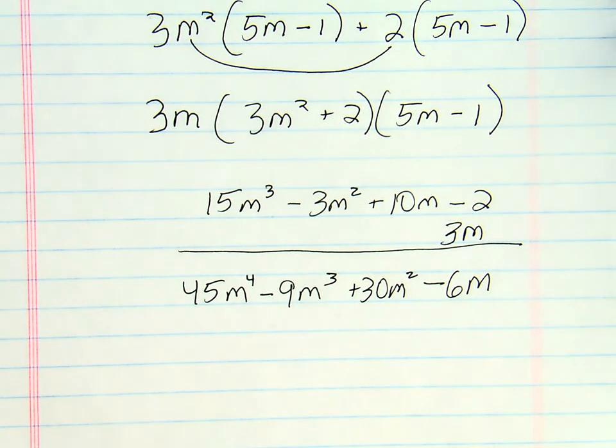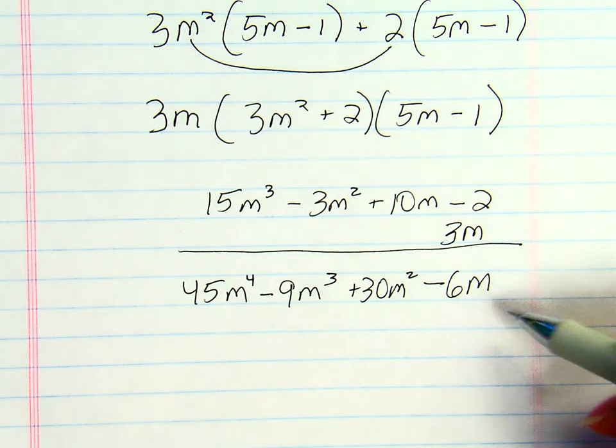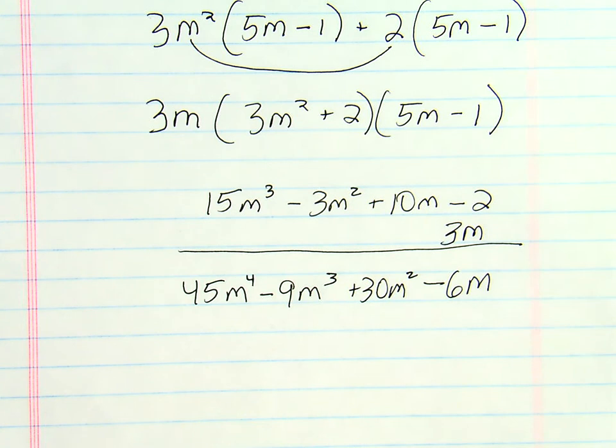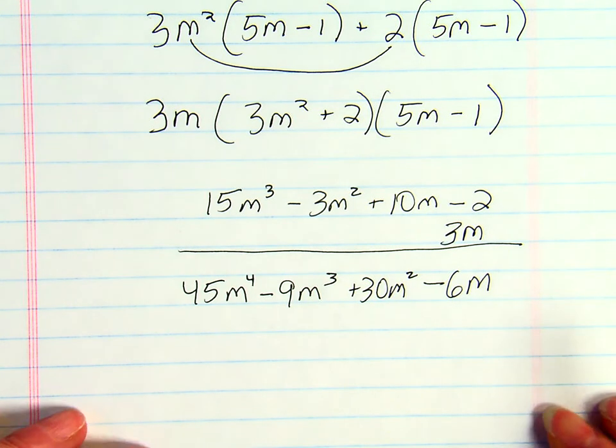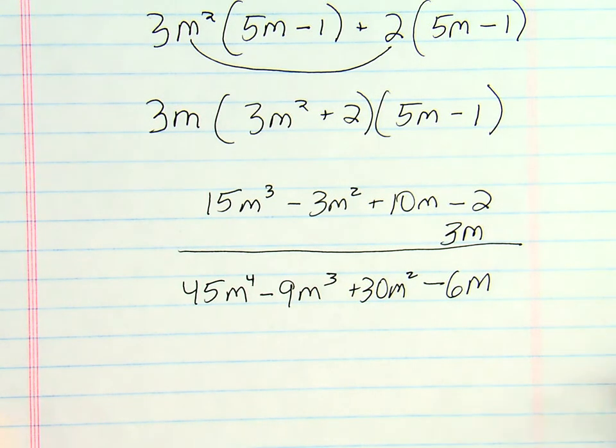And, well, as you can't see because it's all the way up at the top, but hopefully in your notes you can see it, this is exactly the same as what we started with. So that is what happens when we pull a monomial out first, and then we factor by grouping.